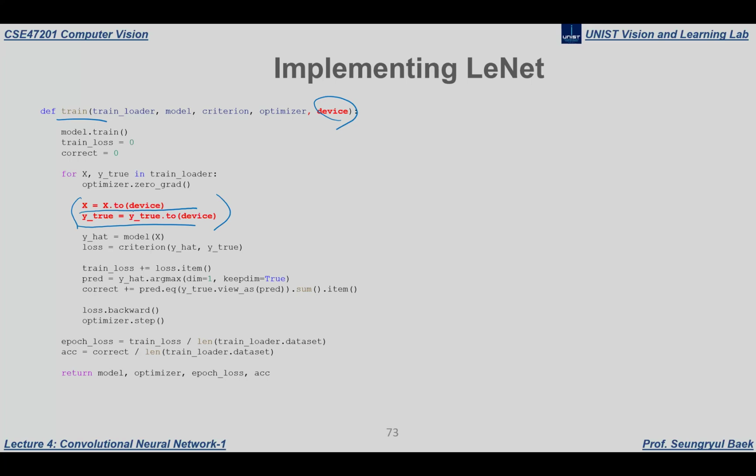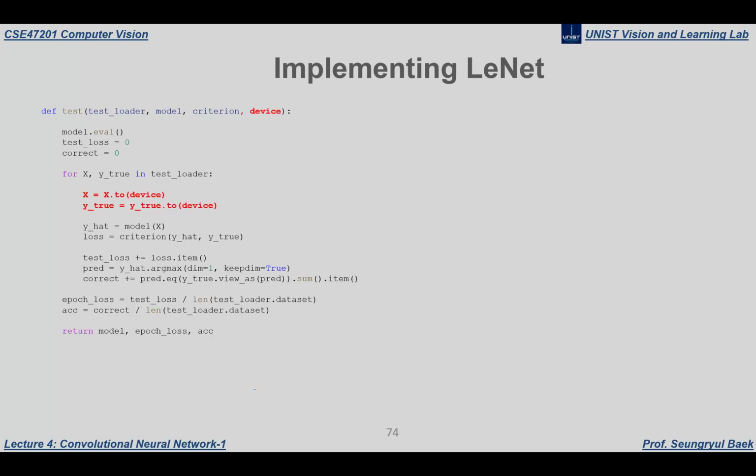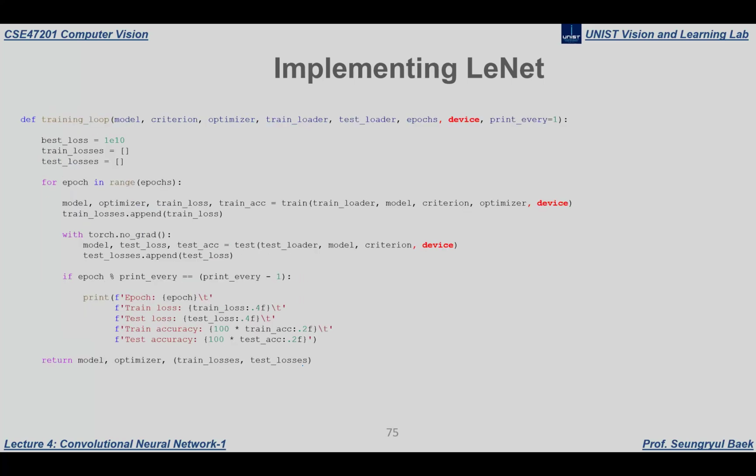This device is defined later, and this device means CPU or GPU. And for the testing code, you also have to extend one argument, and copy all x and y data to the GPUs before using. And you have to transmit this device from the top module to the sub method.